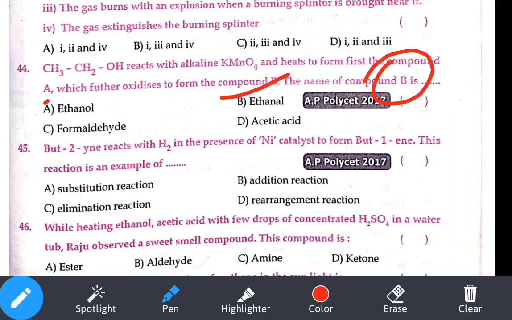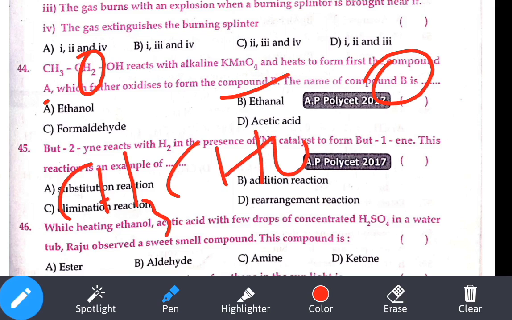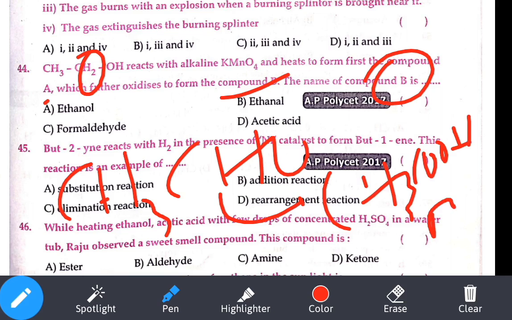First, when we heat with KMnO4, hydrogen will be removed and CH3CHO will be formed. Again, here oxygen will be added. This is our addition reaction. So CH3COOH at the last we will get. This is our B. This is our A.